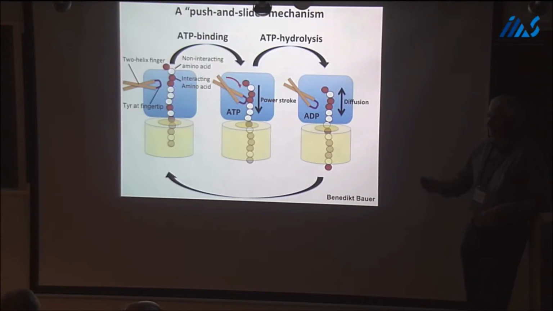Eukaryotes are a little slower than prokaryotes, but it's still very slow. So in that case, you need the two-helix finger or peptides that are distinguished from glycine. Well, you need it to get directionality. If you don't have the finger, you don't get directionality. So there must be some evolutionary pressure, right?